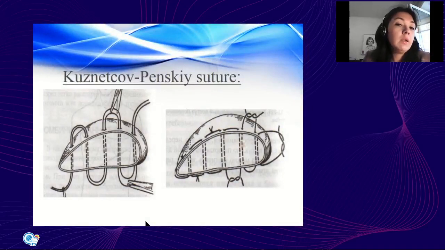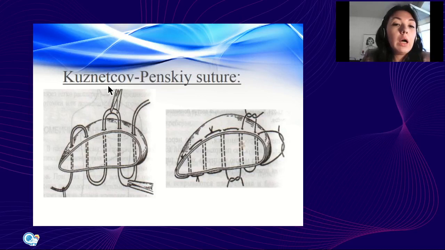So what are the main types of sutures which are used in surgeries of the liver? So Kuznetsov-Pensky suture. Kuznetsov and Pensky are certainly great Russian surgeons, and we use this suture widely. I'm sure that in your countries it is also used, but probably it has another name.